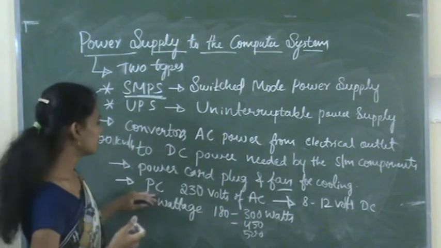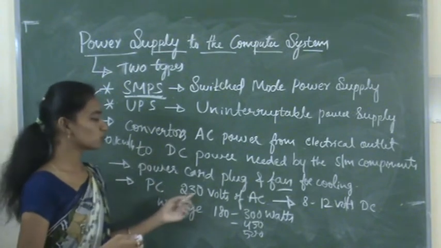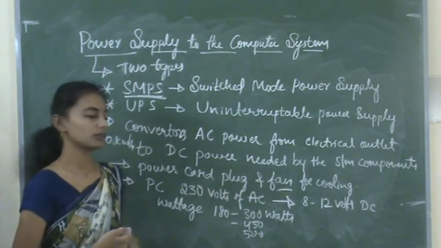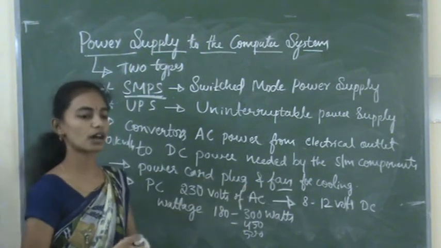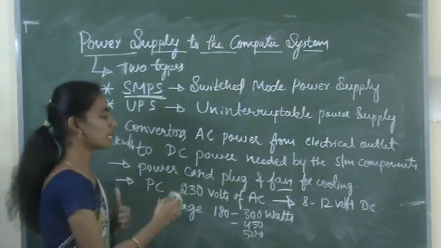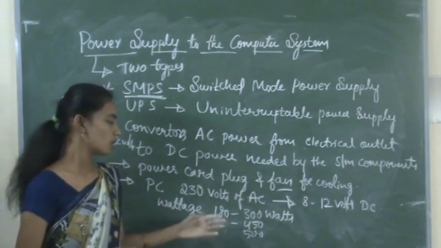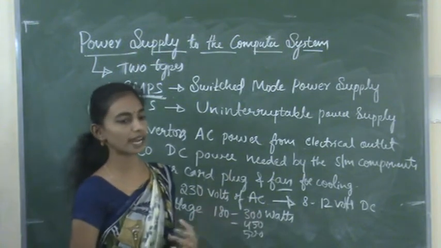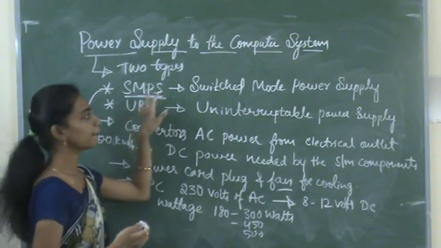A normal PC converts 230 volts of AC current to 8 to 12 volts of DC current, and the rating is 180 to 300 watts, or 180 to 450 or 500 watts.